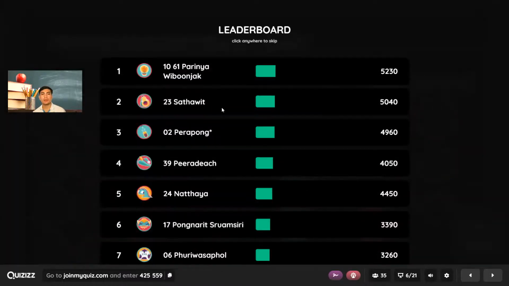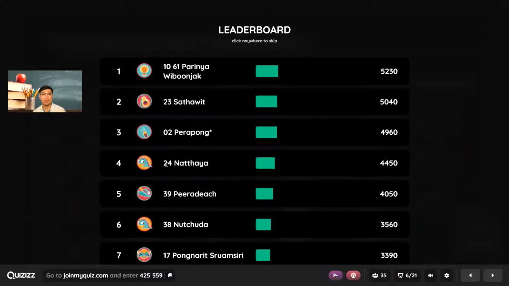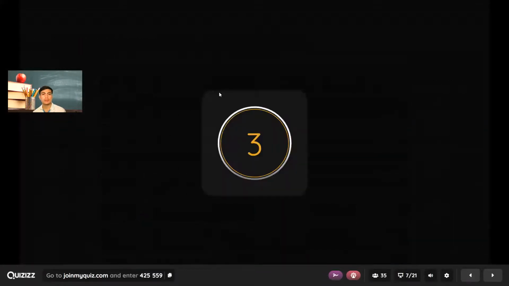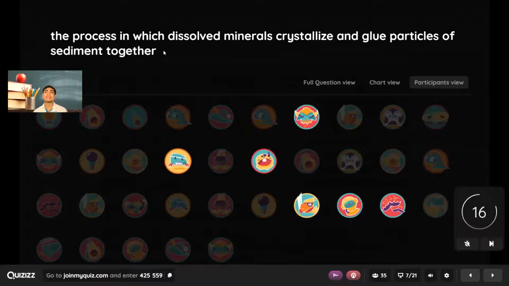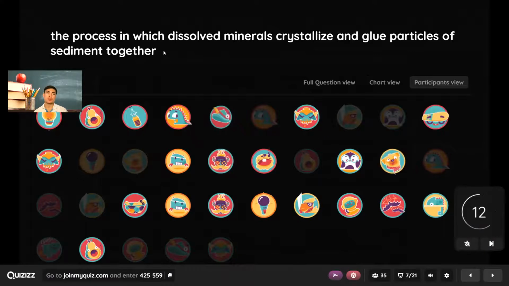Okay, the leaderboard is still Parinya, and Nataya is now in number 4. The process in which dissolved minerals crystallize and glue particles of sediment together.